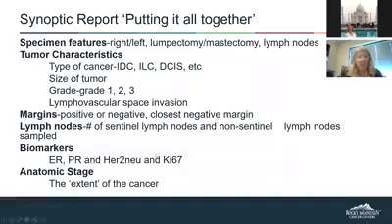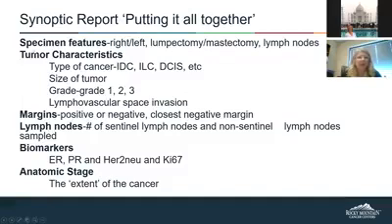So the synoptic report: we've done the biopsy report, we've done the surgical report. The synoptic report is basically included on the final surgical report. And the way to think of the synoptic report is that it's kind of putting everything together. It's putting the size of the tumor, the lymph nodes, the receptors, the margins.